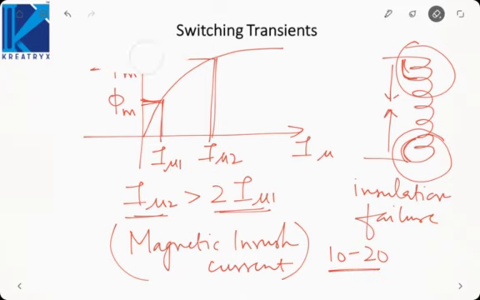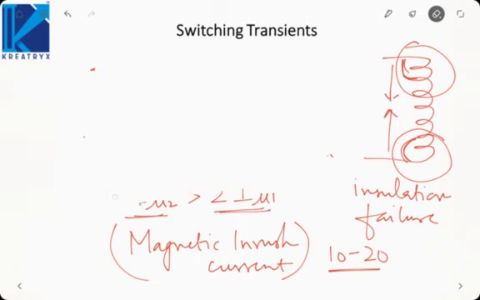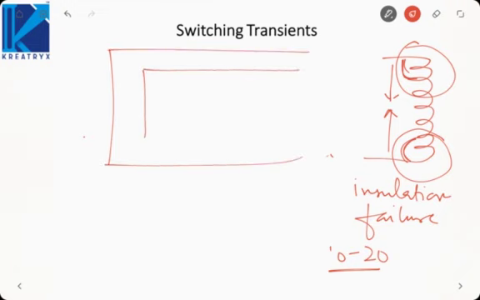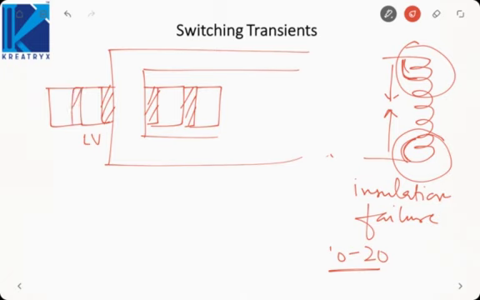Now, there is one other effect. As I told you when I was telling you about the interleaving of the windings, how the windings were being interleaved: internally there was insulation, then there was low voltage winding, then there was insulation, then high voltage winding.